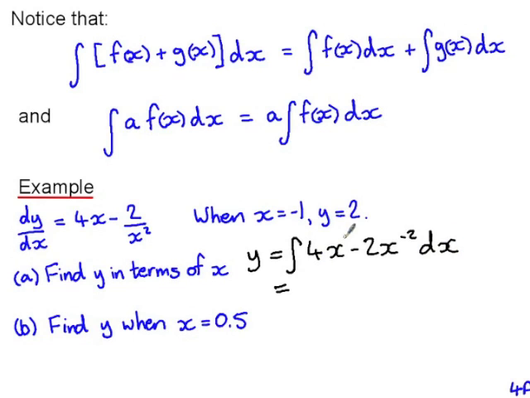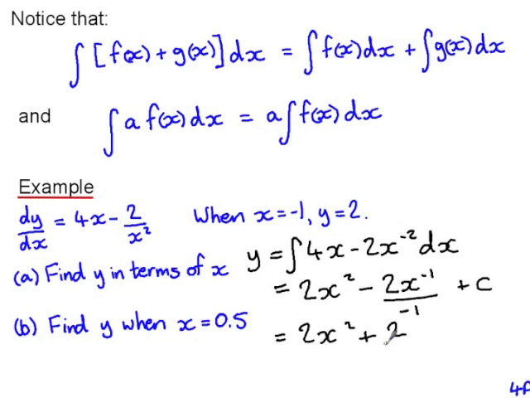This is 4x squared over 2, which is 2x squared. And then remember we're raising the power by 1, so x to the power of negative 1 over negative 1. Don't forget the plus c. We'll just simplify that. 2x squared plus 2 over x plus c.